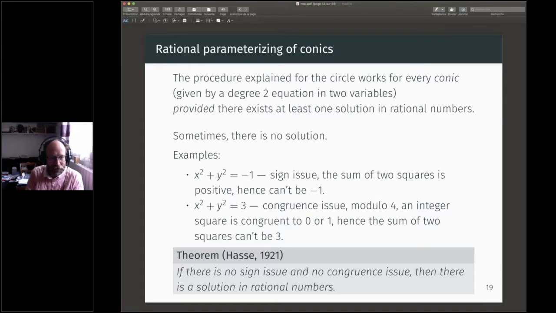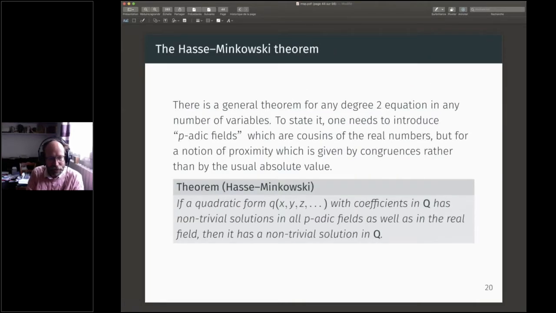But in general, for conics, we have a criterion to tell you whether there is no sign issue and no congruence issue. And in general, it works not only for conics, but for any number of variables. So I have one degree 2 equation and any number of variables. There is a way to say that there are no sign issues.